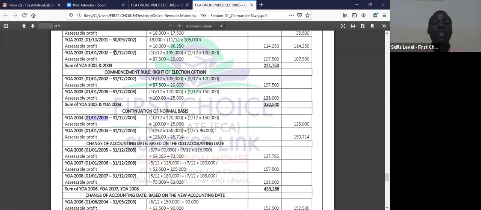So this one ends in December 31st, 2002. This must be January 1, 2003. Mind you, this is not actual year basis because it's preceding year basis. This is 2004. Everything is ending in 2003. January 1 to December 31st, 2003.